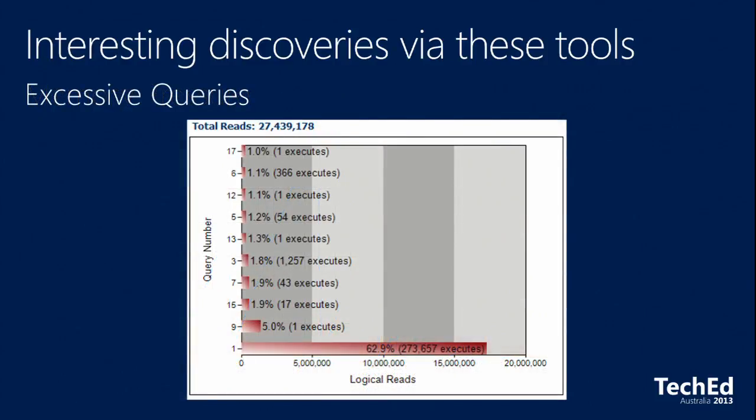Some other aspects that I found, now using the RML toolset, or SQL Nexus. In this chart, we quickly identified that there was one single statement being called 270,000 times, as opposed to everything else, which had only up to 1,000 executions.